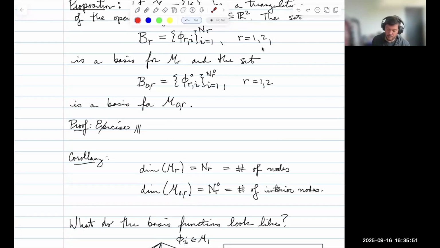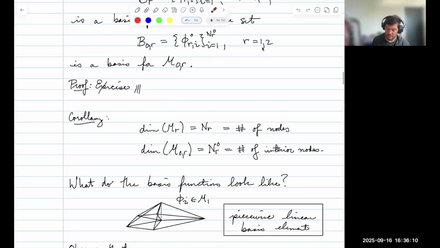And actually, the way you can count things is a lot simpler than thinking about how many elements are in the bases. This just turns out to be the number of nodes, as I'll show you in a second. And this is the number of interior nodes for the second set.